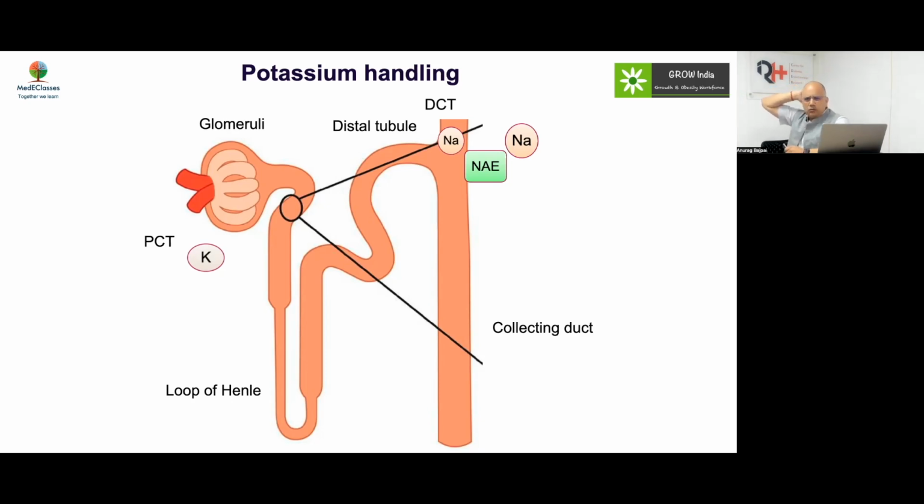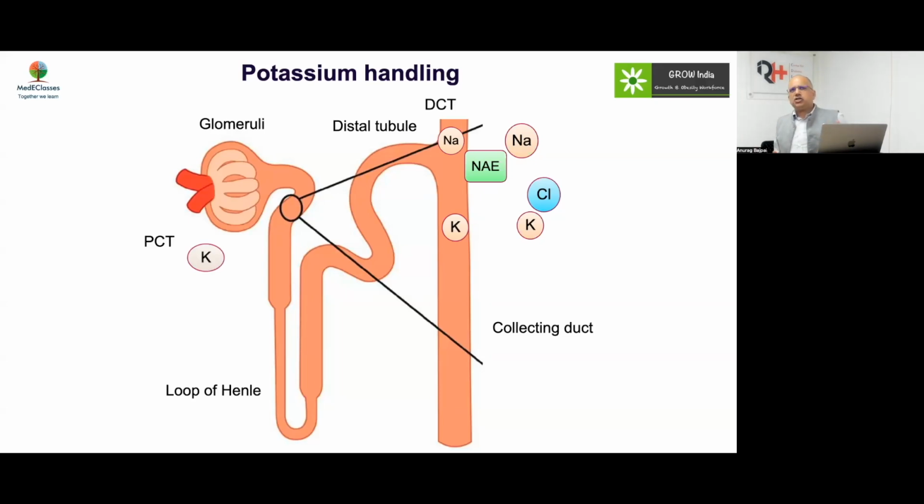And once you take sodium outside, you will also take chloride along with that. Now, the chloride lags; the speed of chloride resorption is lower compared to sodium. So therefore, you will have a negative environment here. So now you have an electrochemical gradient for potassium, so potassium can now enter into the lumen. So effectively what you're doing here is exchanging sodium for potassium.